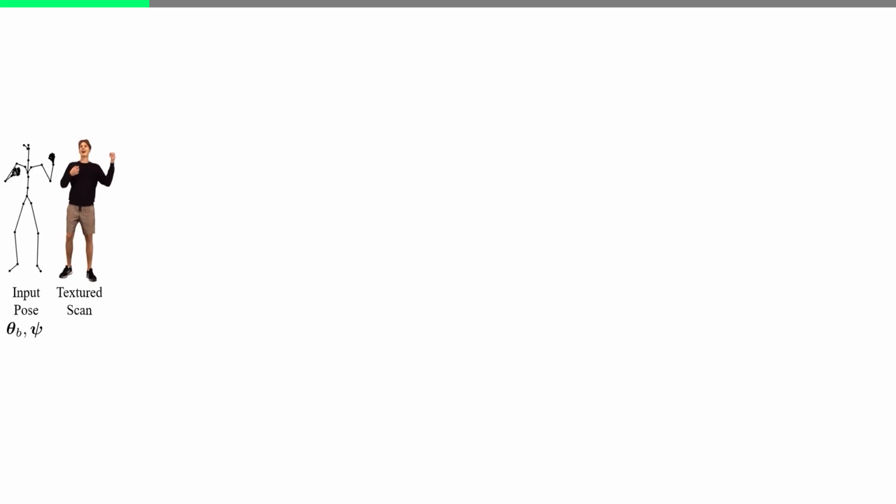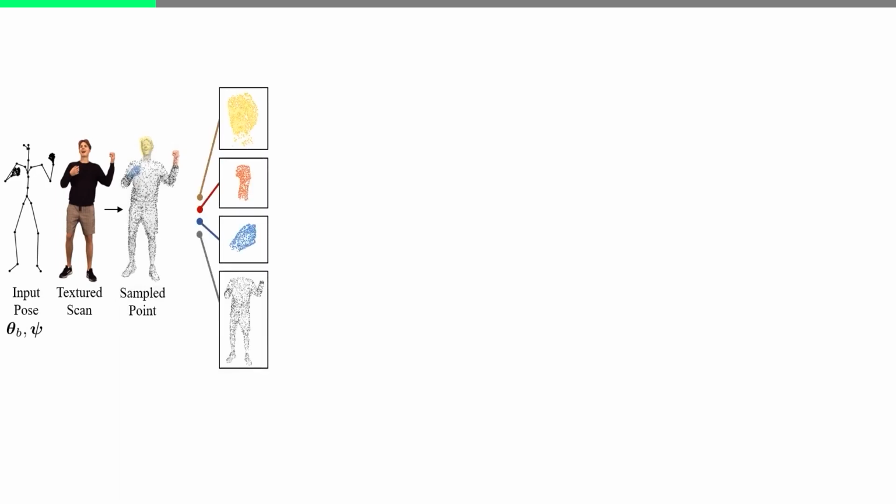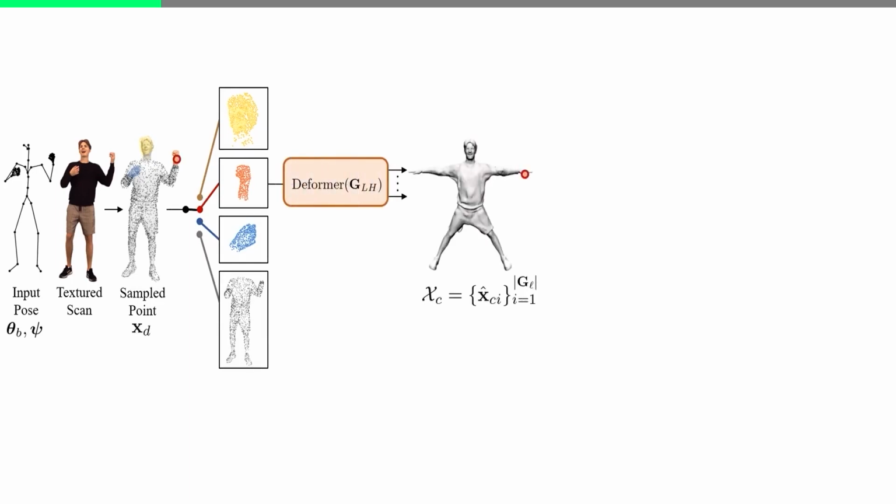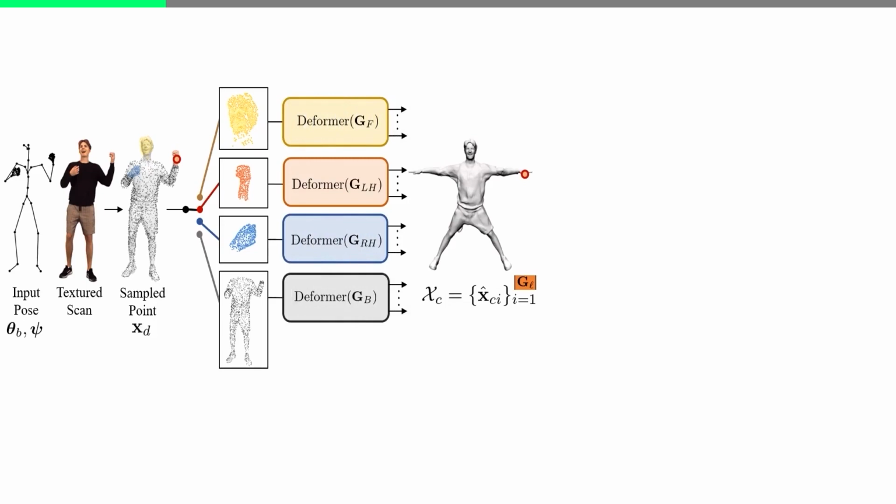Okay, first they start with the input pose and the texture scan, which is accompanied with the SMPL registration. And you can see that first they detect the GLH, which is the left hand, and then they detect the GRH and GB.